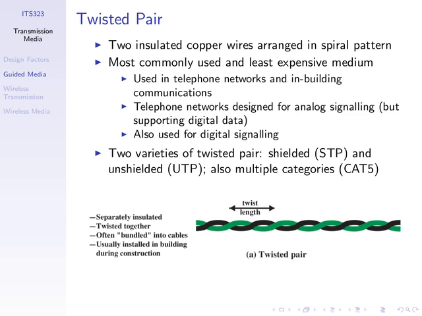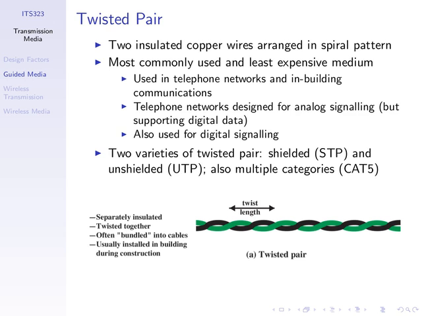Category 6, because it has higher quality wires, generally can allow larger bandwidths to be transmitted. I think the typical bandwidth for Category 5 is 100 megahertz. So a signal being transmitted across these copper wires has a bandwidth of 100 megahertz.